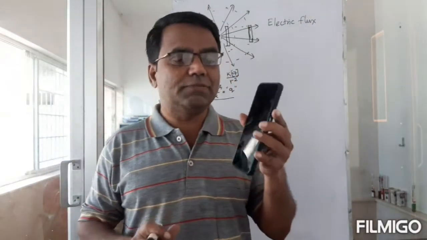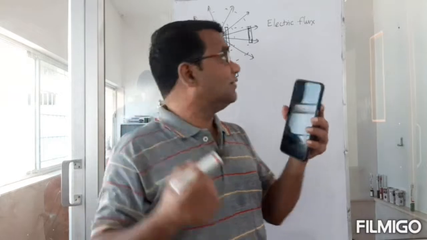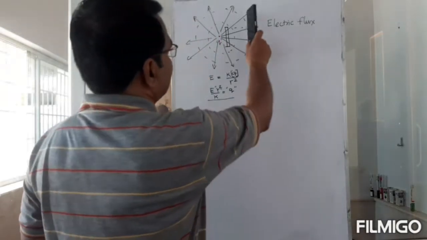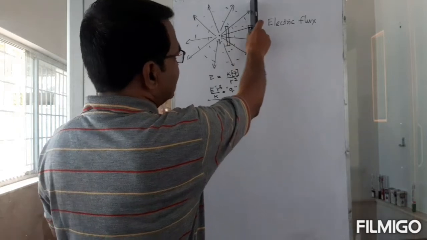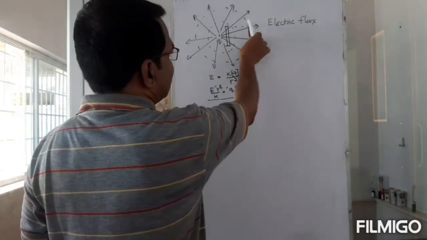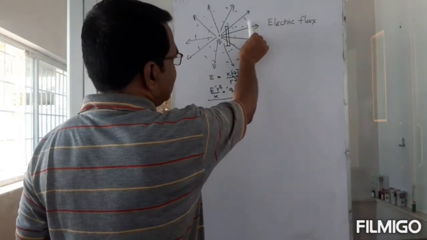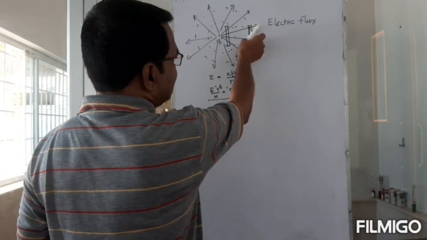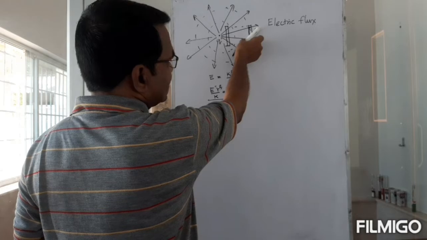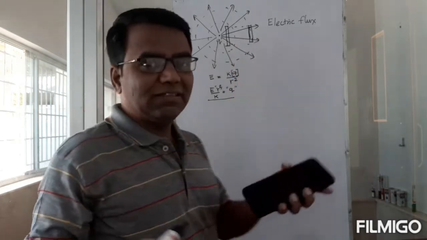Okay. And not only that, the second point is, see, if I keep this like that, then there are two lines going through this, right? Let's say. If I keep it like this, there are two lines which go through it. The same area. But if I keep it like this, notice here there's only one line going through it now.